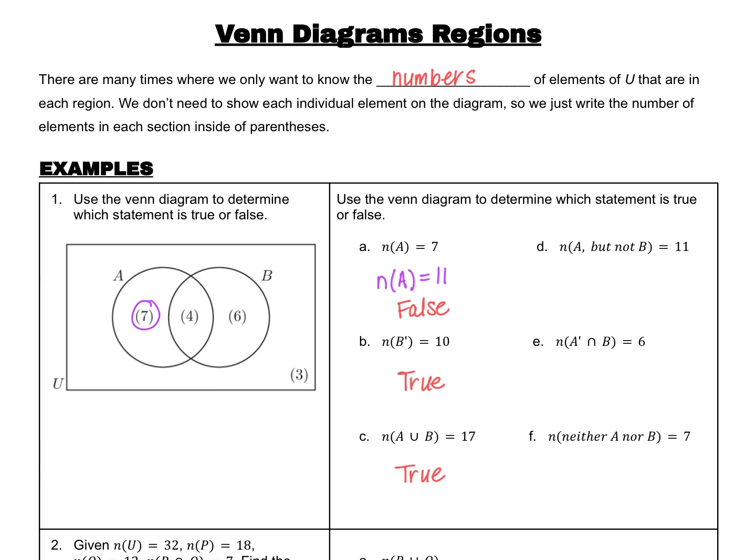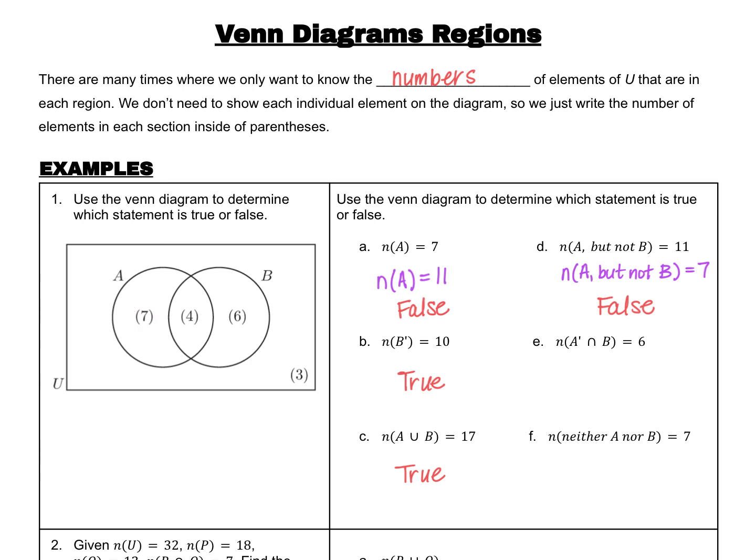The number of elements that are in A but not B is actually equal to 7. And we know that the statement that it was 11 is false.